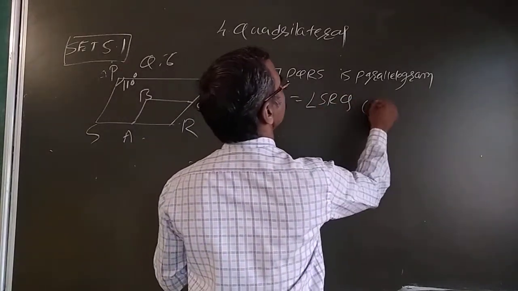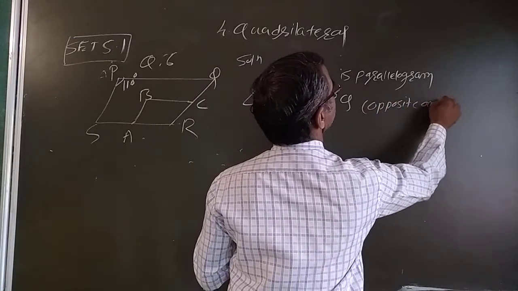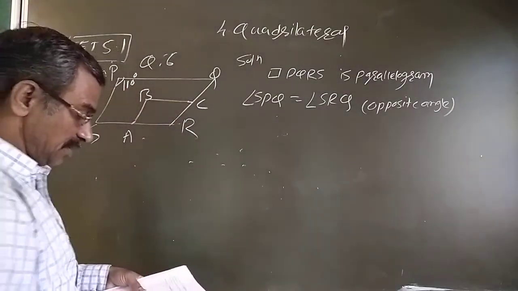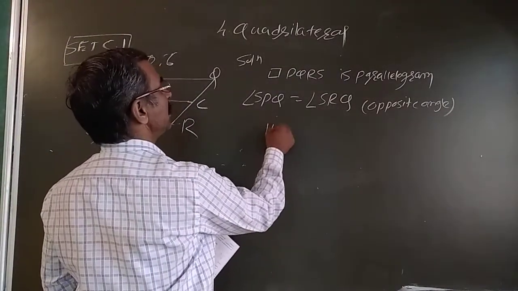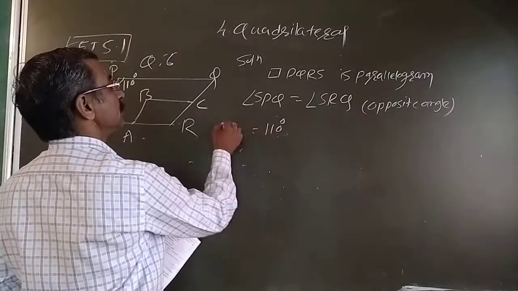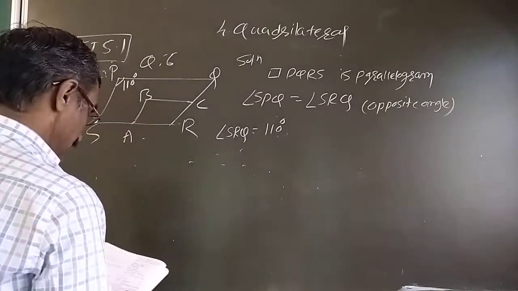What is the reason? Opposite angles of a parallelogram. Then, SPQ is 110 degrees. Therefore, angle SRQ is also of the same measure.